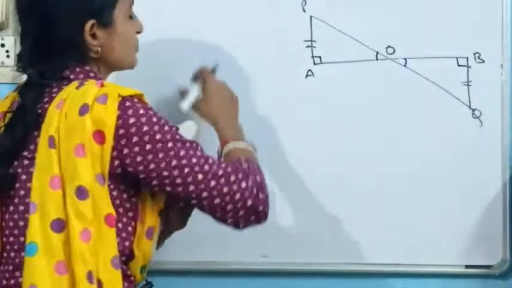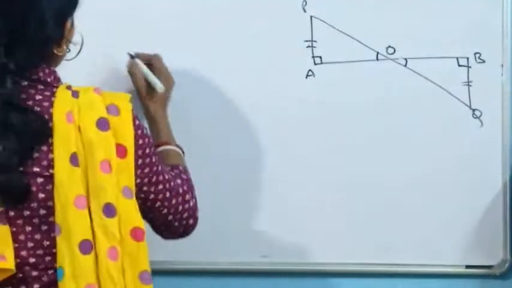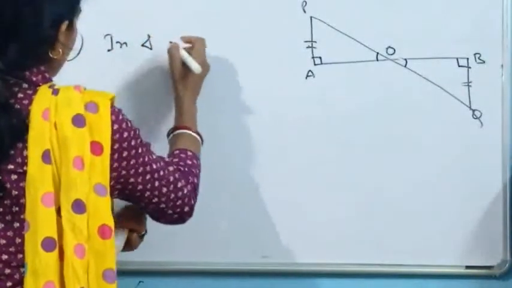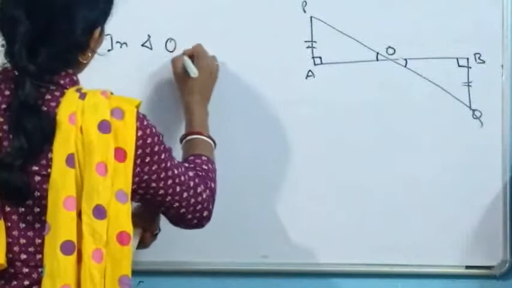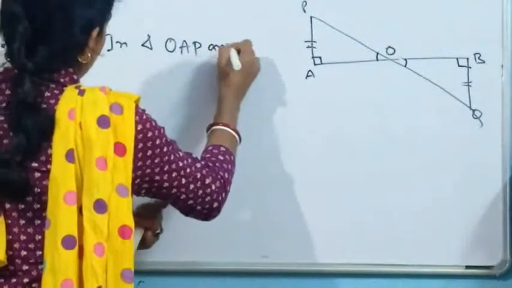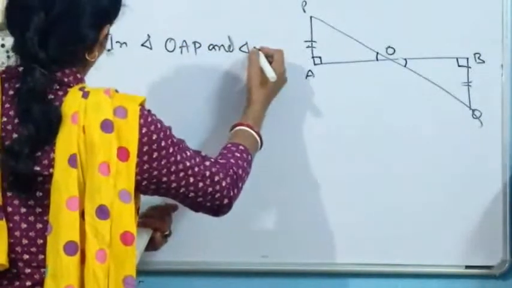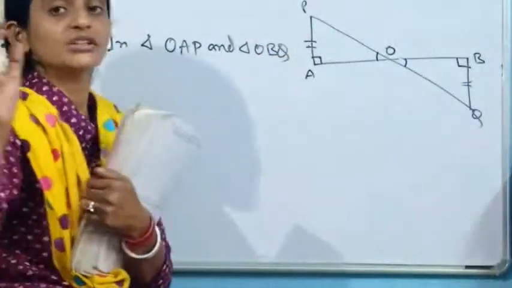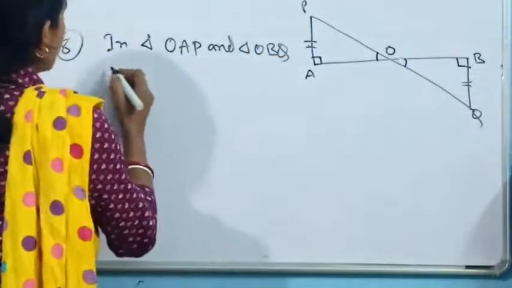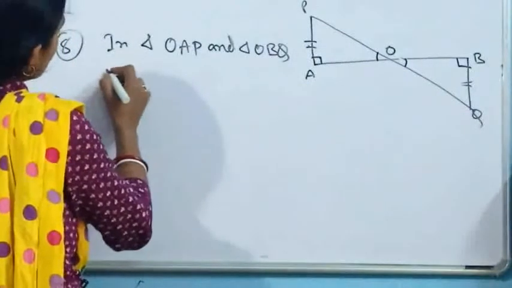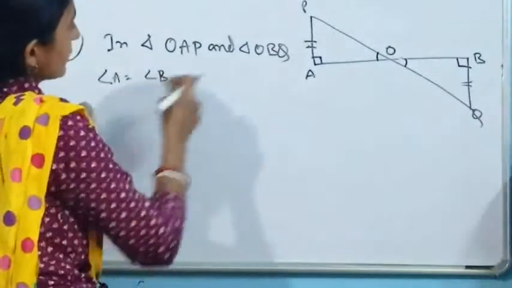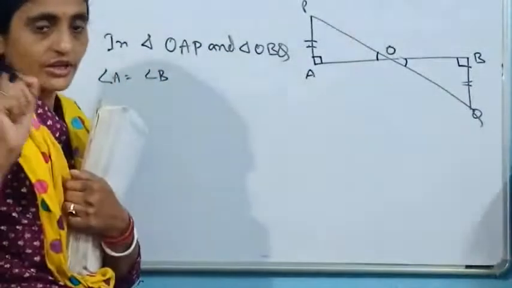Let's present it in written form. In triangle OAP and triangle OBQ, two triangles I have. What are the things I have in common? First, angle A equal to angle B, in both of them that is a right angle.